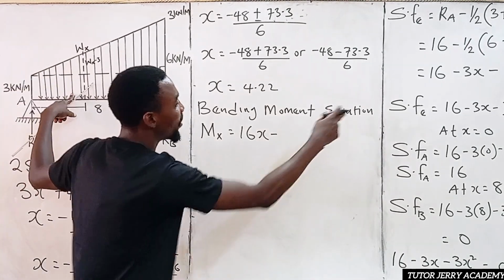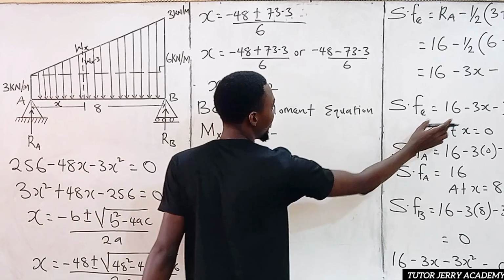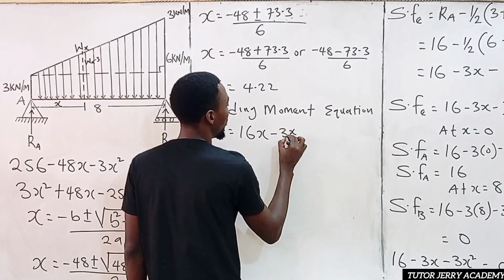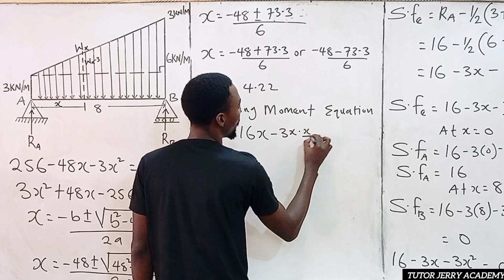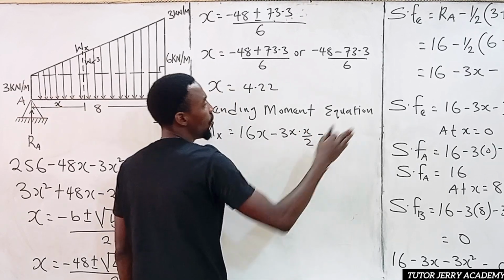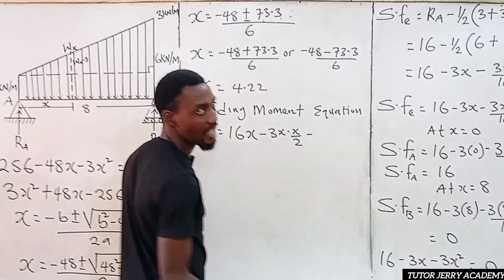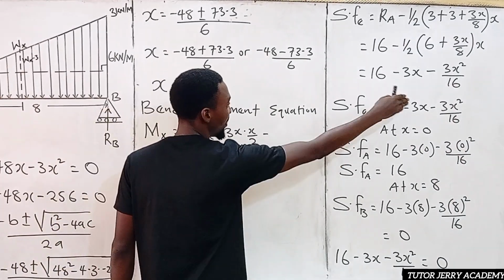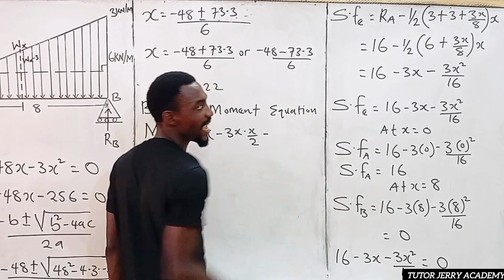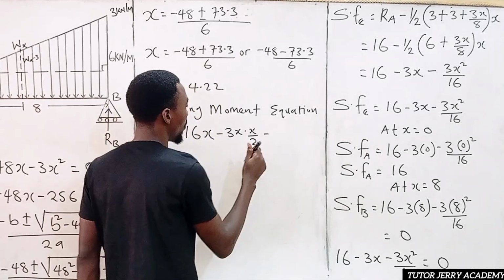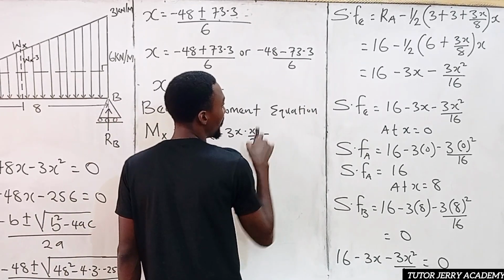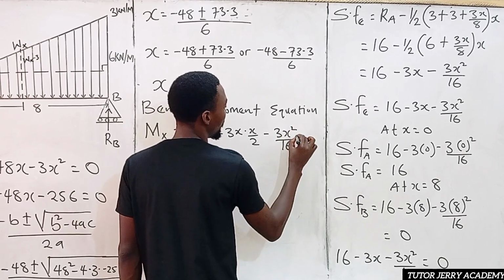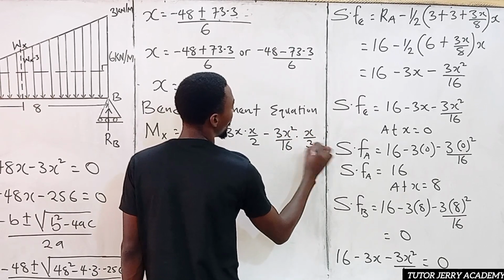For us to get the moment here, we multiply this by X over 2. So we have 3S multiplied by X over 2, then minus 3S squared over 16 for our uniformly varying load. That is the force, and if we multiply it by X over 3, we are going to have the moment. So we have 3S squared all over 16 multiplied by X over 3.